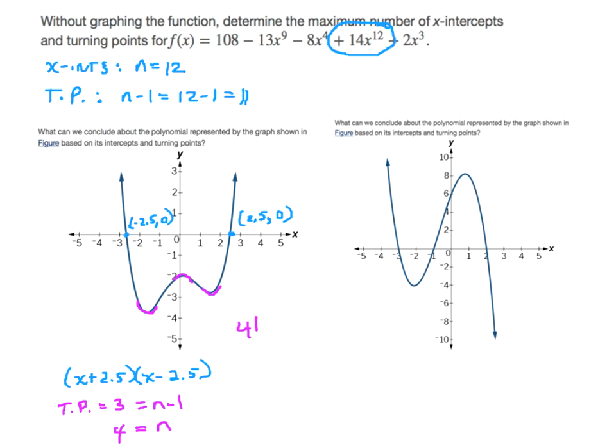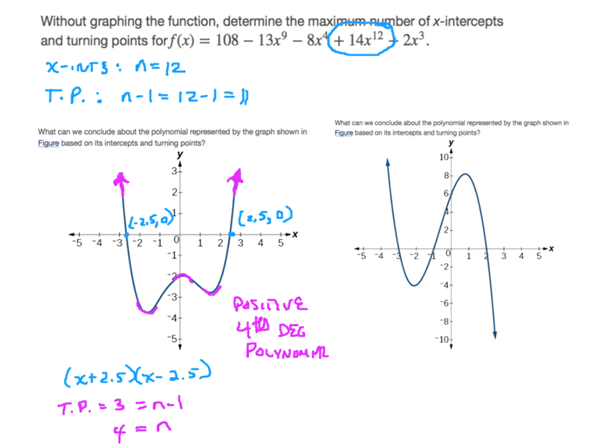So this is a 4th degree polynomial. It's positive. The reason I know it's positive: tails are up. With 3 turning points, the degree had to have been at least 4. And, yep, I've got 2 x-intercepts, so I have at most 4 x-intercepts, but in this case I've only got 2.